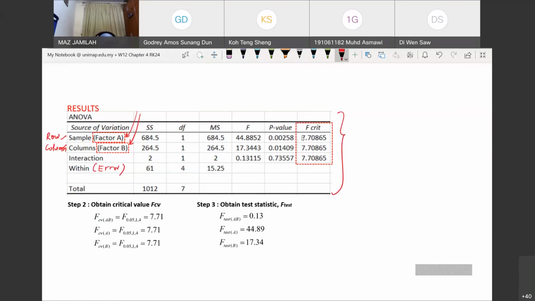Now, the second step is the critical value of F. Since we are dealing with alpha 0.05, we are talking about F alpha. For the first factor it is A minus 1, and the interaction is also A minus 1.